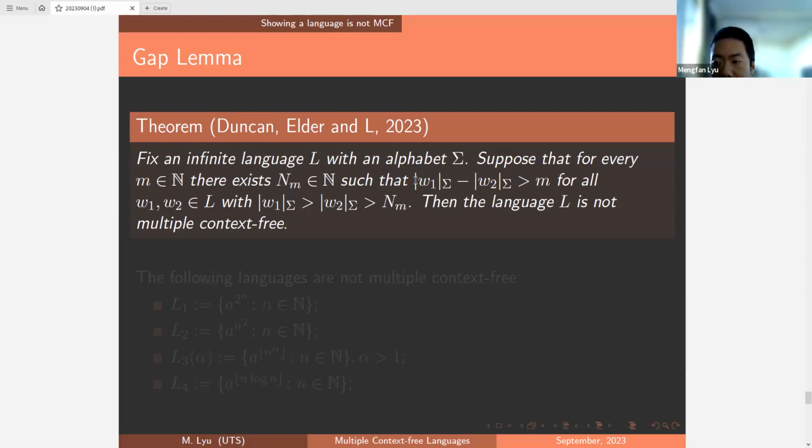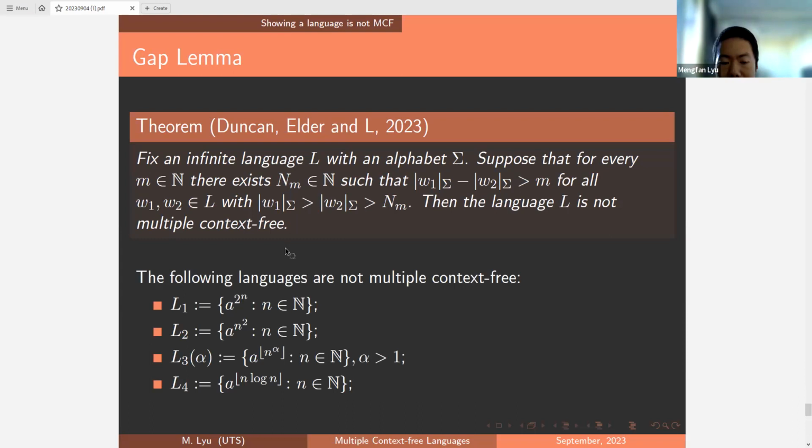If there exists a gap between the words in this language, so for two words which are long enough, the difference between the lengths is large enough, and the gap of the length is greater and greater as the length increases, then this language cannot be multiple context free.